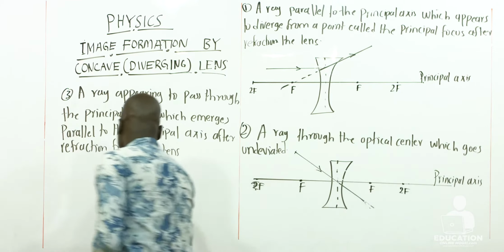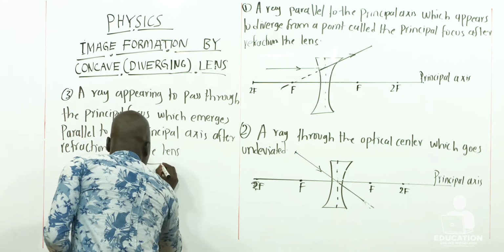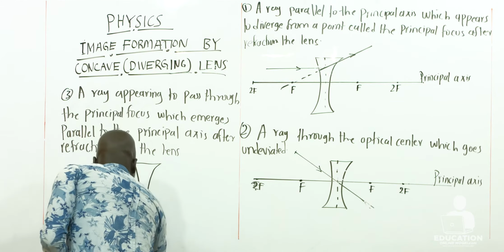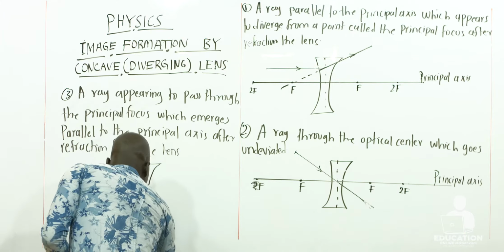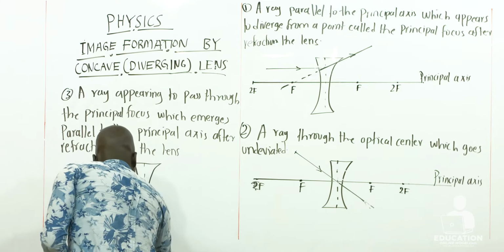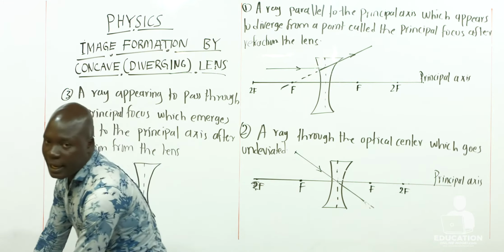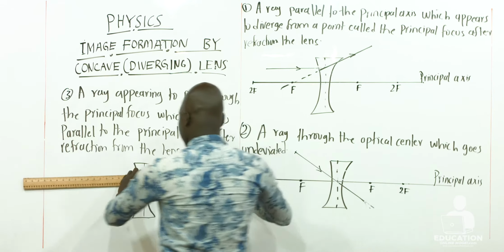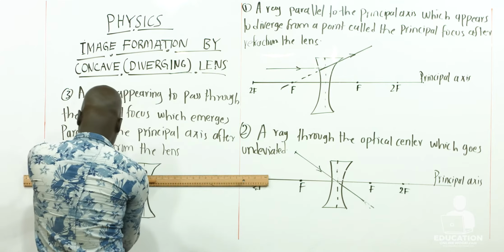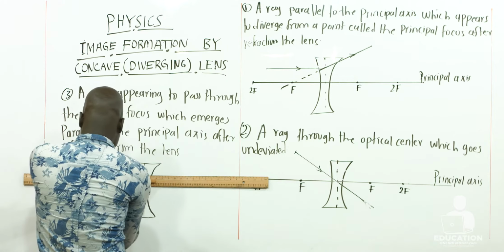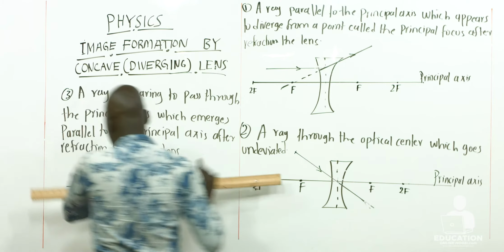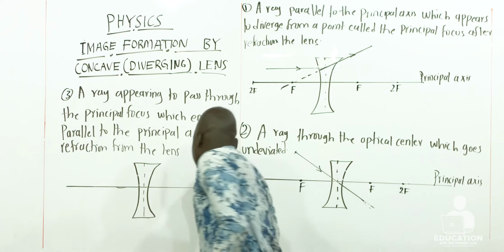Now, considering the concave lens, or the diverging lens, this is our concave lens. A line passing through the optical center and the principal focus is called the principal axis of the lens.